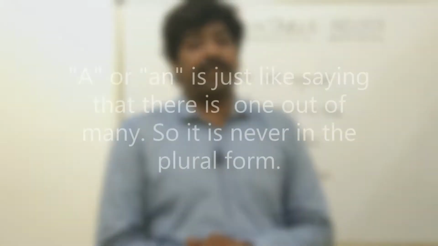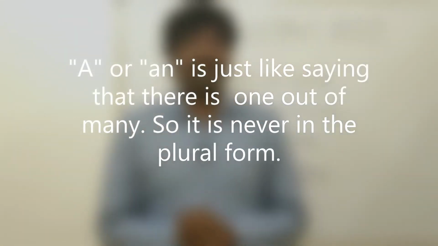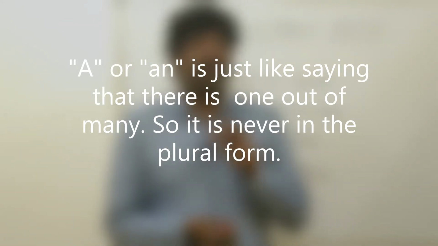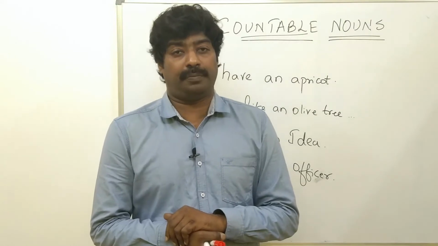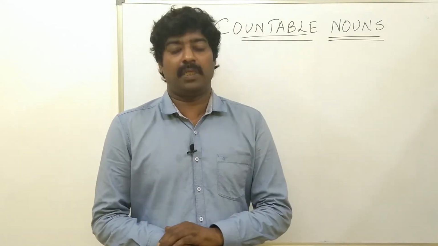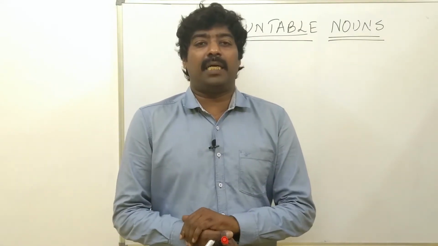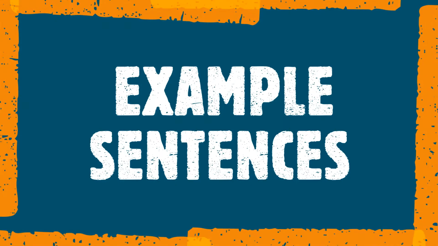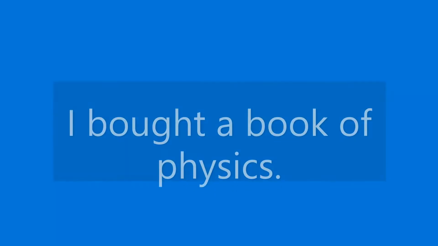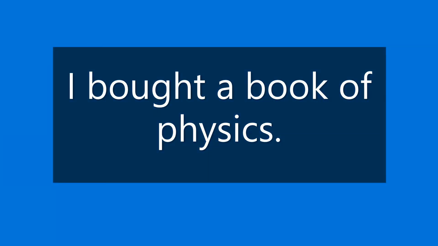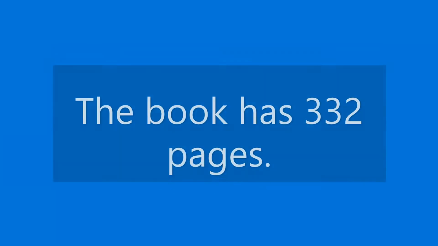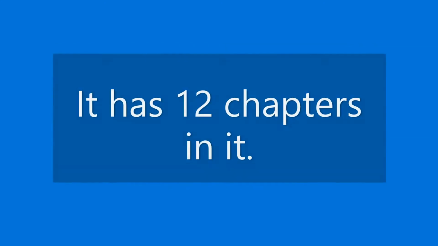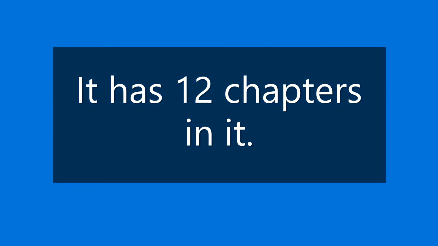Well, as mentioned earlier, a or an is just like saying that there is one out of many. So it is never in the plural form. So we can use article a or an in the singular. I bought a book of physics. The book has 332 pages. It has 12 chapters in it.